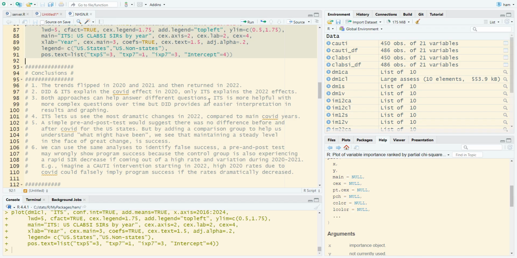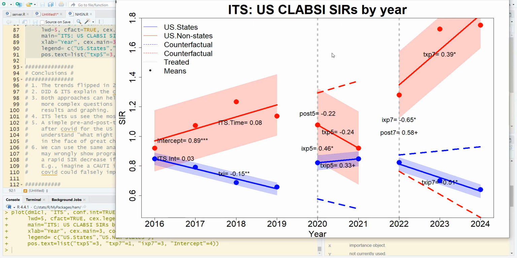For example, imagine a CAUTI intervention starting in 2022. The high 2020 rates due to COVID could falsely imply a program success if the rates dramatically decrease. I'm going to rerun this code again. And so what I mean by that is, we often use 2 years of baseline data.